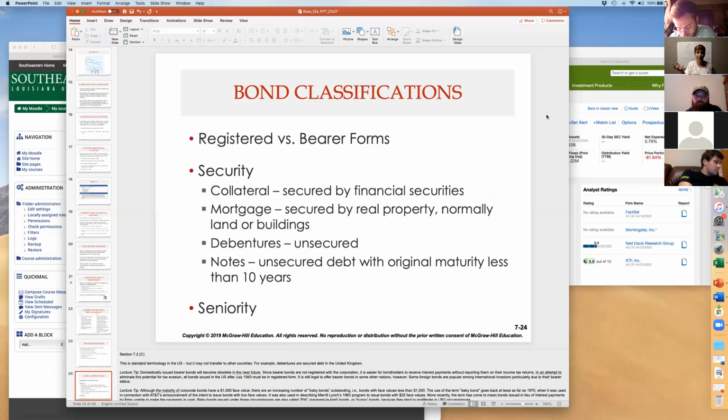And you have something for your money if they don't pay. So senior bonds tend to have collateral. They also tend to be older. In other words, they were issued earlier. So the more junior bonds will be more unsecured, and they'll also have been issued later. So in other words, with less seniority, you're further down the ladder as far as are you going to get your money if they go bankrupt, right?